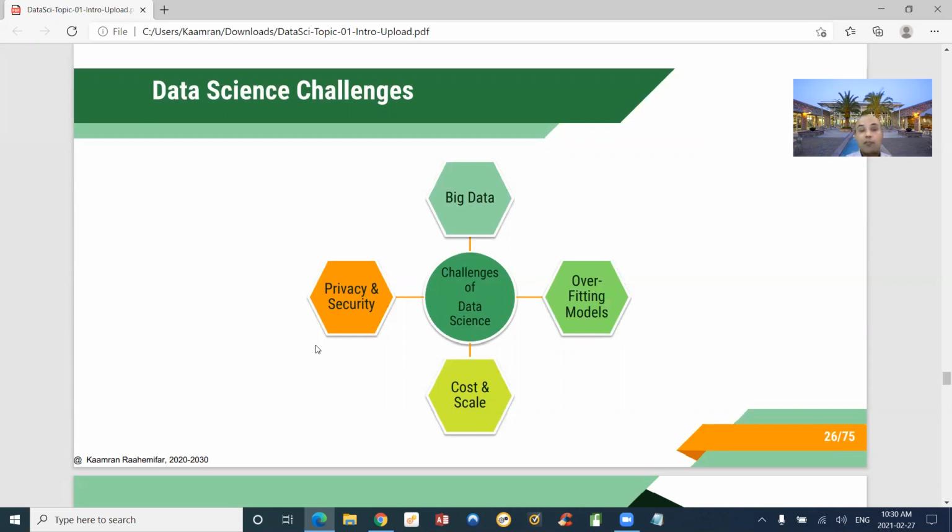This graph actually explains to some extent some of the challenges. One of them is obviously security and privacy. These days, your laptop can be hacked. It doesn't matter whether you're PC or Mac. Even recently, there was news on Mac malware or something. I don't know what it was, but it was impacting 30,000 computers.